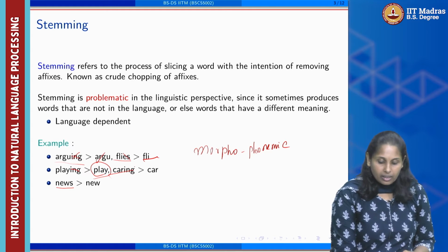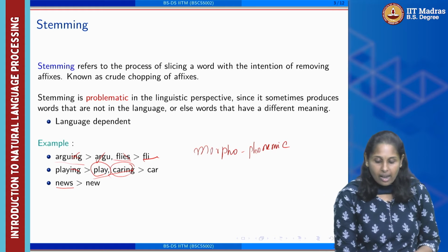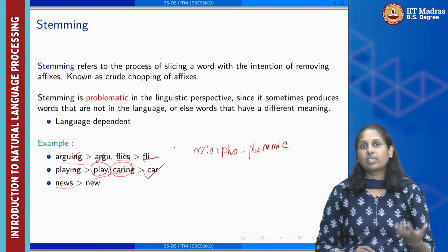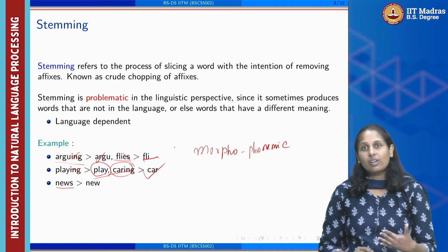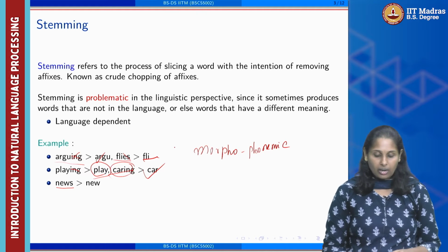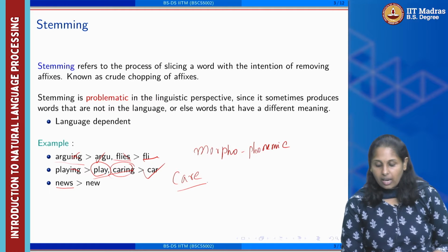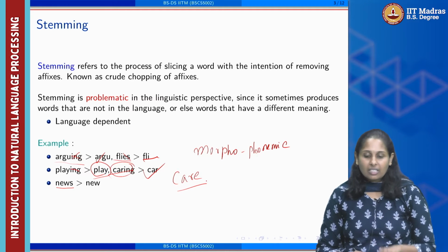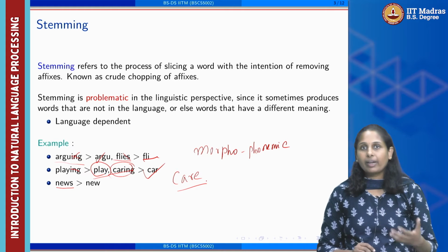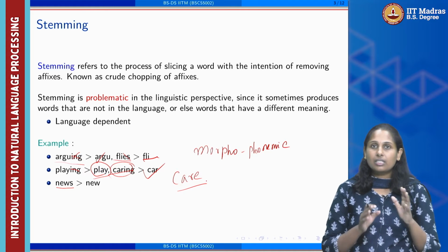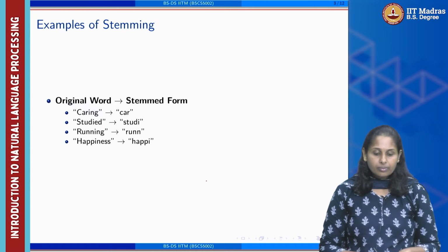So, in the case of caring, if the stem is CAR, we may pronounce it as car, which looks similar in form to car, but the actual form we need to get is CARE. In this stemming process, the morphophonemic process might not help us, because it just identifies the affixes and tries to delete them.